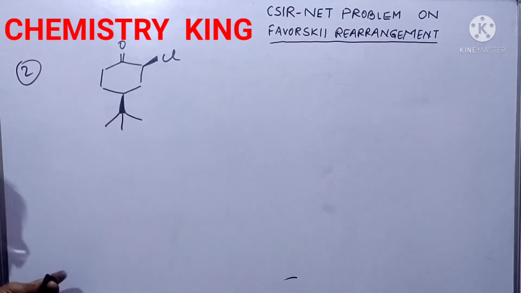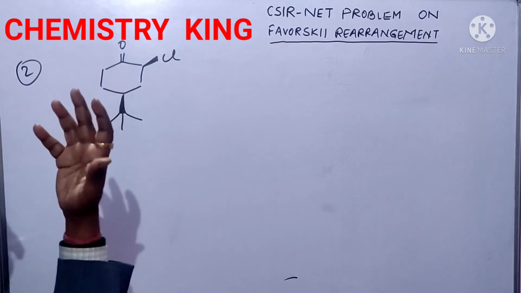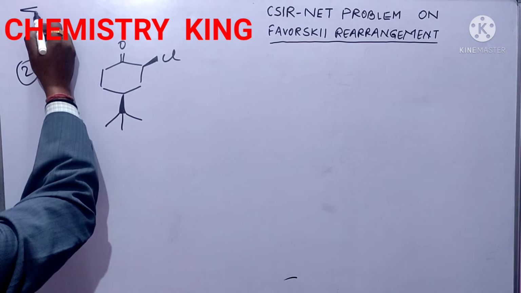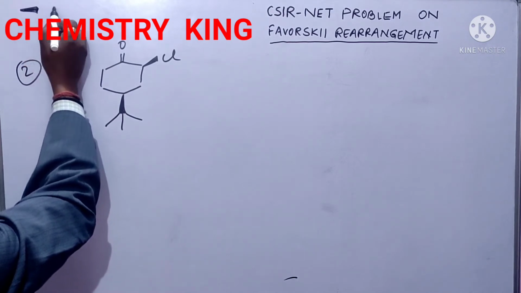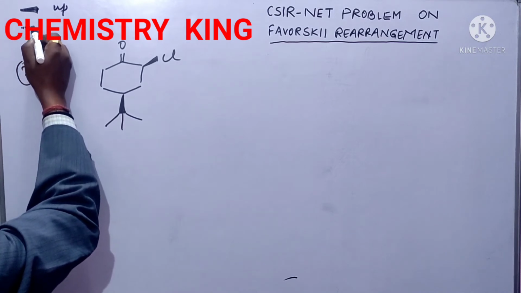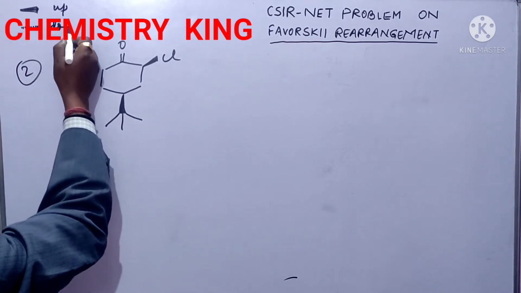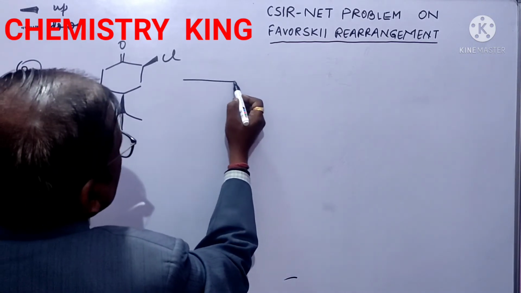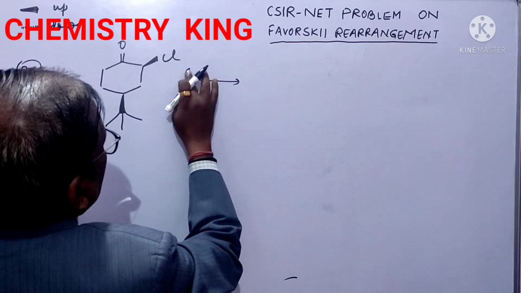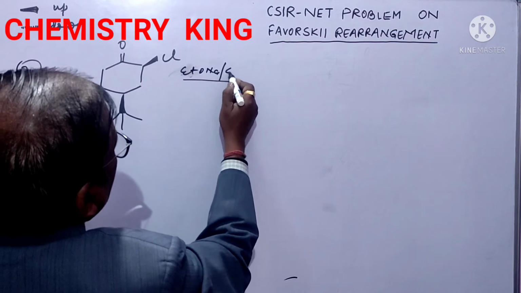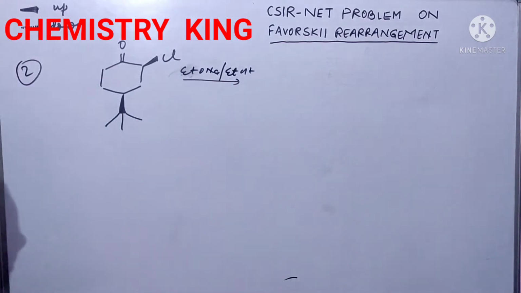Both the groups are on the upside, which we show as wedge. Wedge means up and dash means down. It is treated with sodium ethoxide, EtONa, and the solvent is EtOH. What is the product? It was a question in an examination.